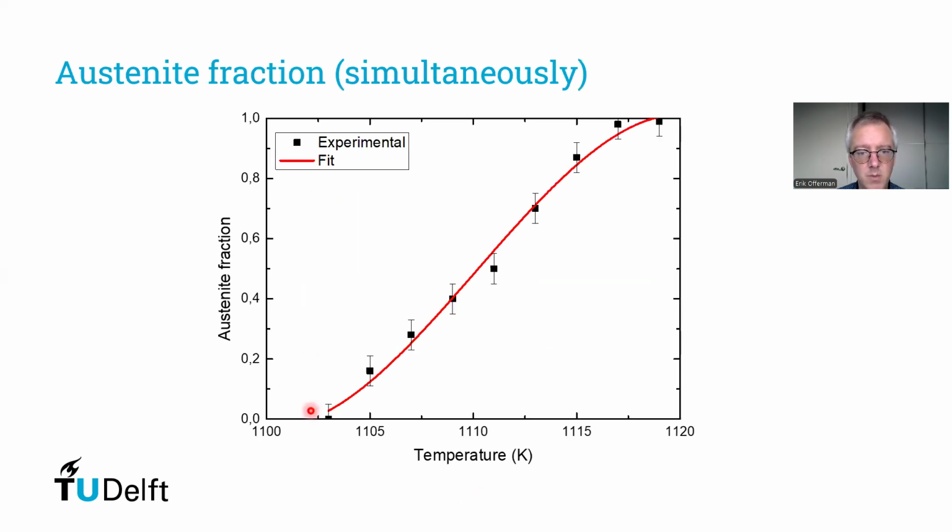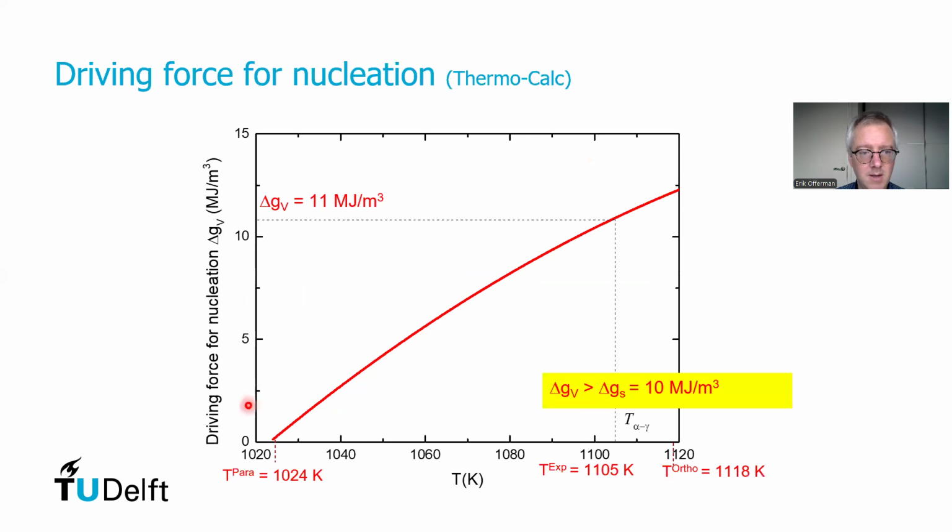Now, the austenite fraction we can obtain from integration of the diffraction rings, so that's simultaneously obtained from the measurements. And the driving force we calculate by means of Thermo-Calc. Under para-equilibrium, we expect the transformation to start at this temperature. And experimentally, we observe that the transformation starts at this temperature.